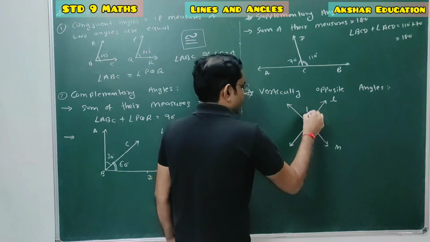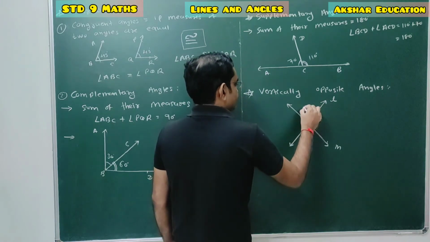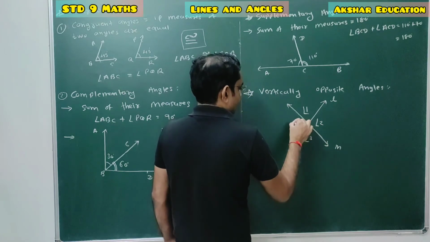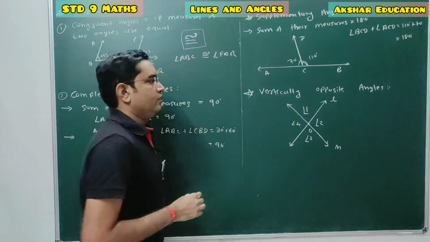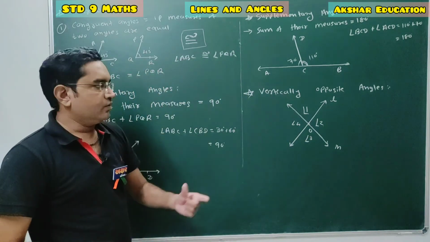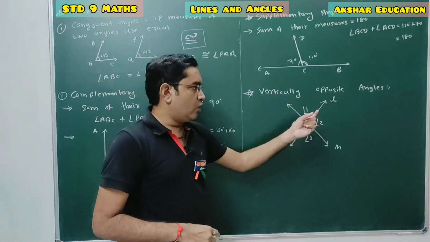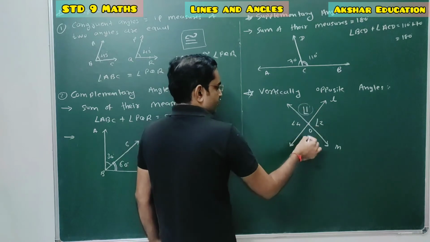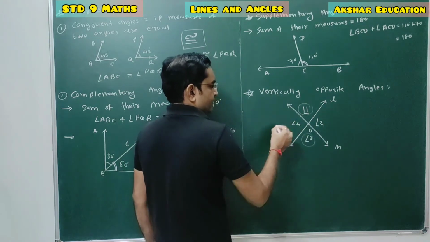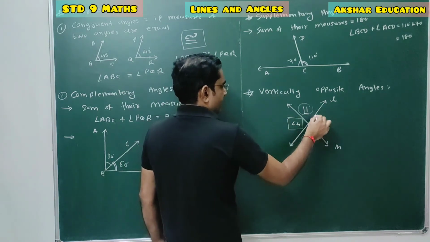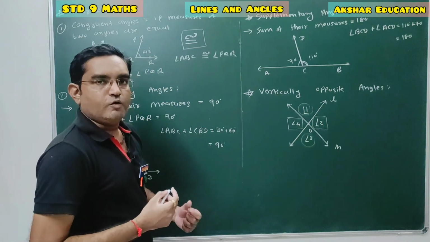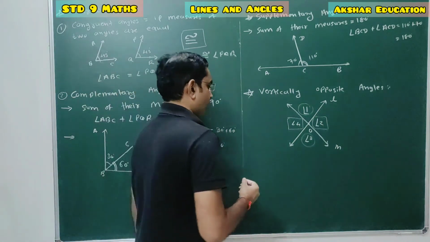Angles can also be represented by numbers. This is angle 1, this is angle 2, this is angle 3, and this is angle 4. Out of these four angles, angle 1 and angle 3, and angle 4 and angle 2, are known as pairs of vertically opposite angles.